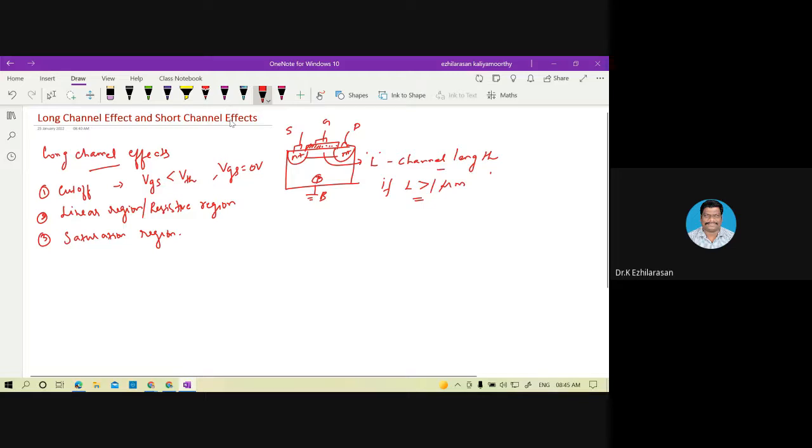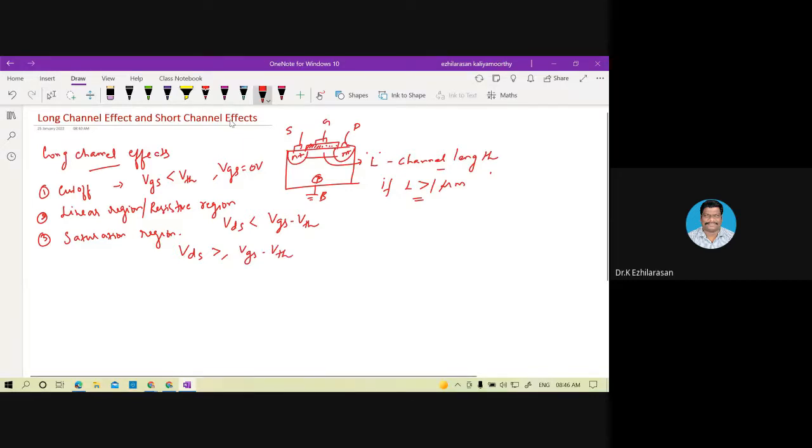So that is what we can say is the cutoff mode. Next, second is the linear region. The linear region is where VDS is less than VGS minus VTH. This is the condition for the linear region. Next, the saturation region. For the saturation region, VDS is greater than or equal to VGS minus VTH.